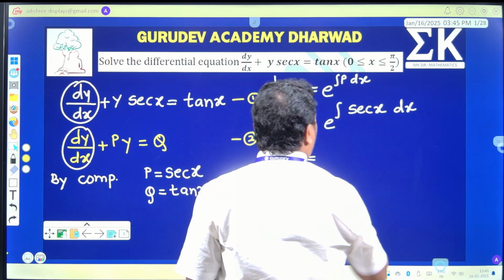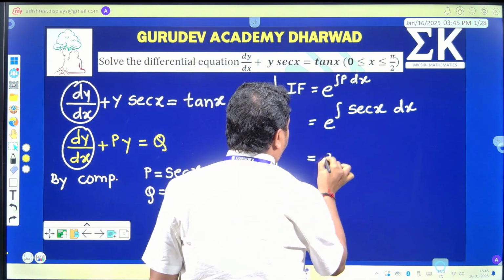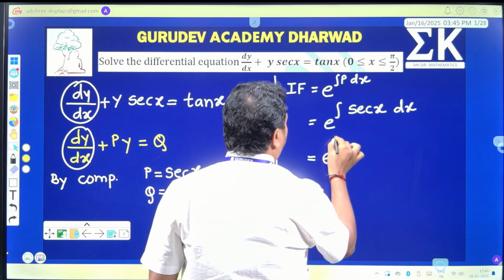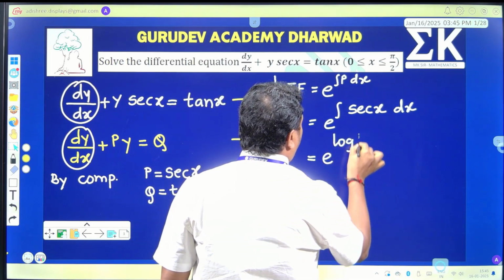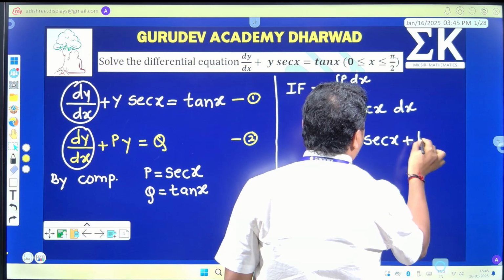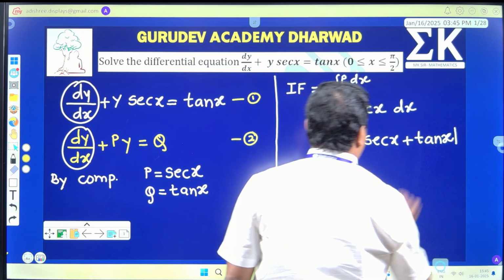We know the integration of secant x is log mod secant x plus tan x, right?